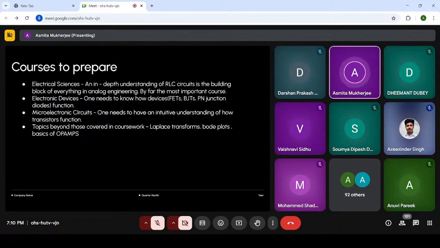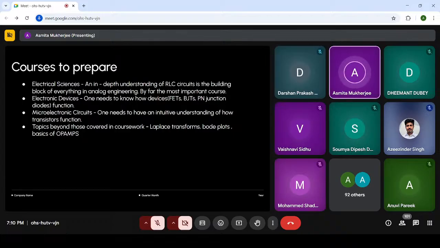They don't care if you can identify what a common drain is, what a common gate is. They want to know if you actually understand how that particular device is made and how it actually works in practice.